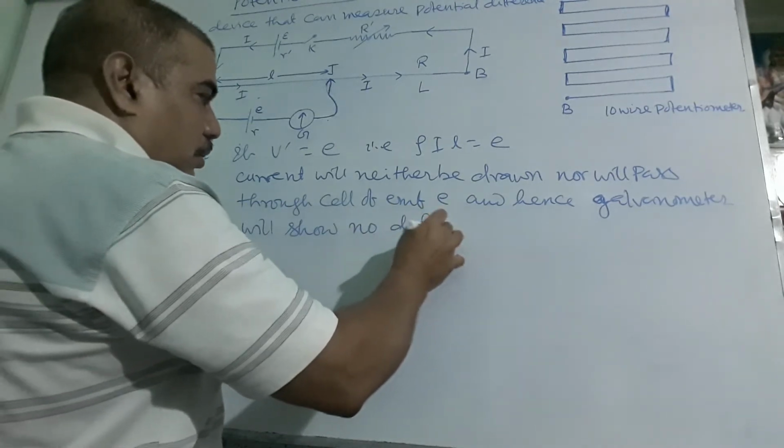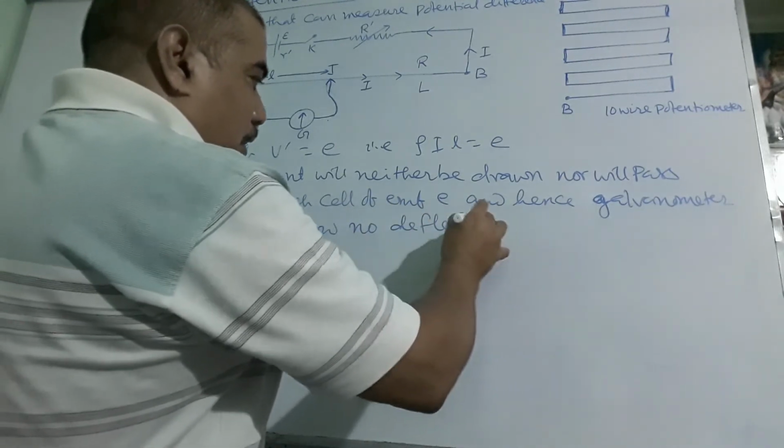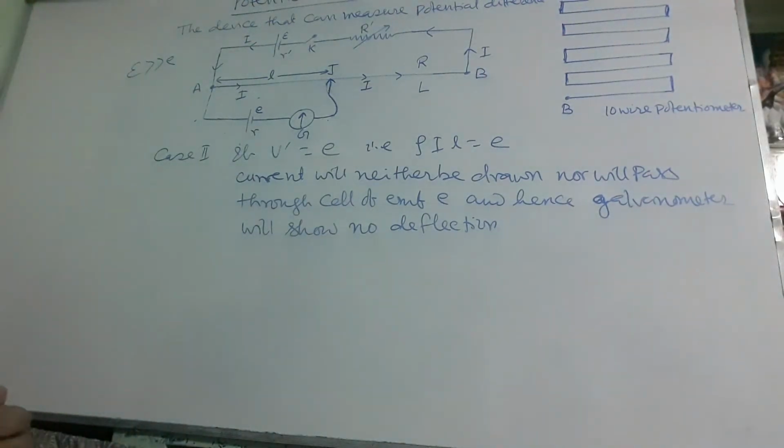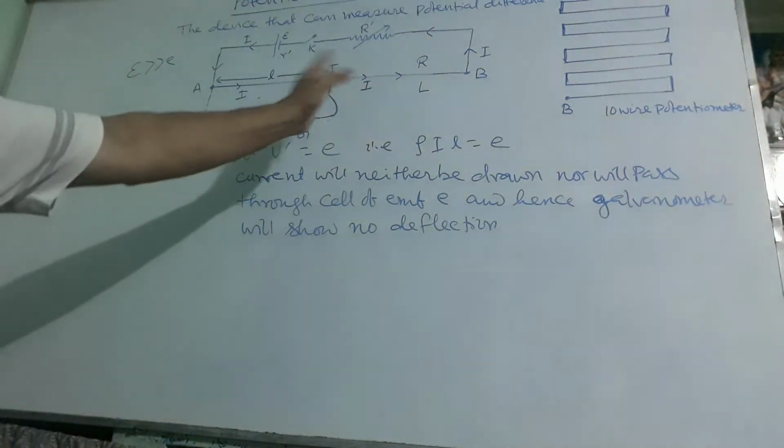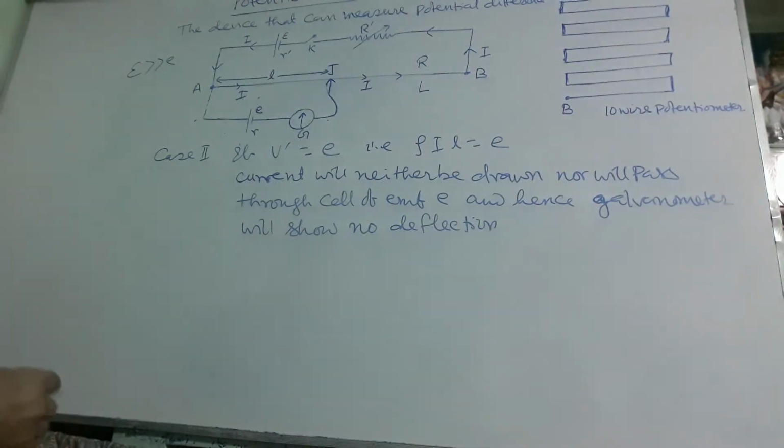And this only we have to find. We have to adjust the jockey position so that we get the null point.